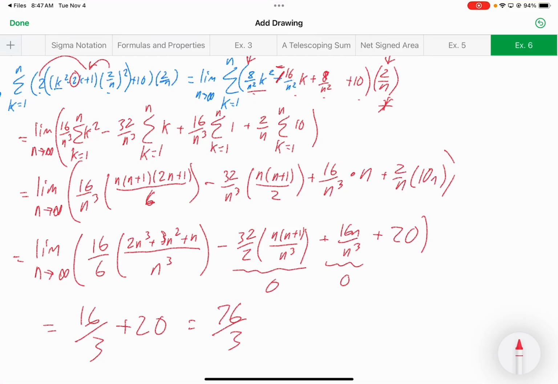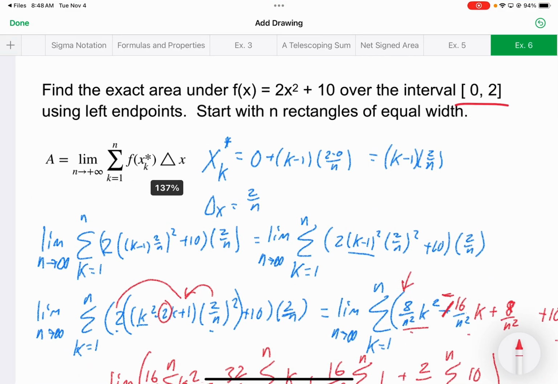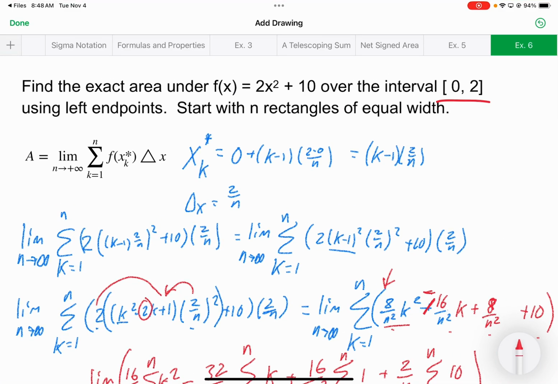Sure. Well, as a recap, and not just for Rhea, but for everyone, start by, we've got our function, and then we've got our interval. And then from there, it was based on left endpoints, right endpoints, or midpoint as well. I'm not going to give you one that would require you to do midpoints.